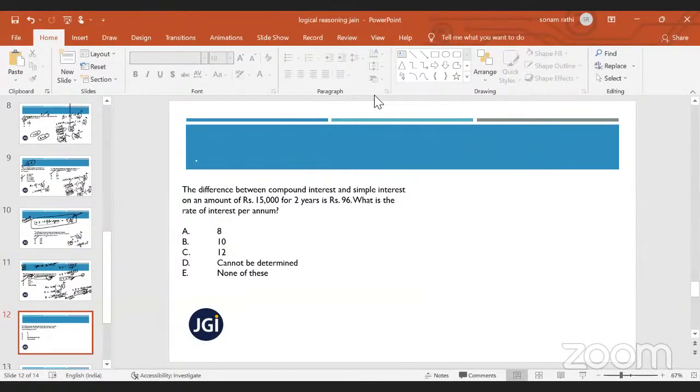Do this one. Can I use the shortcut in this one? Yes, ma'am. Correct, because it is 2 years.